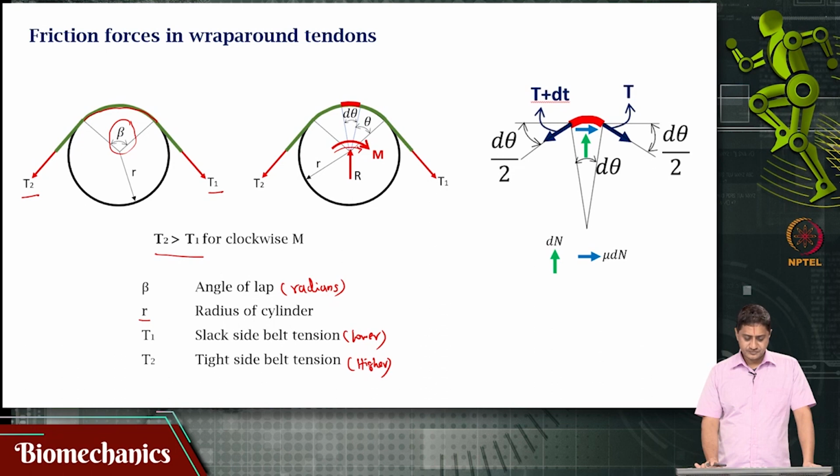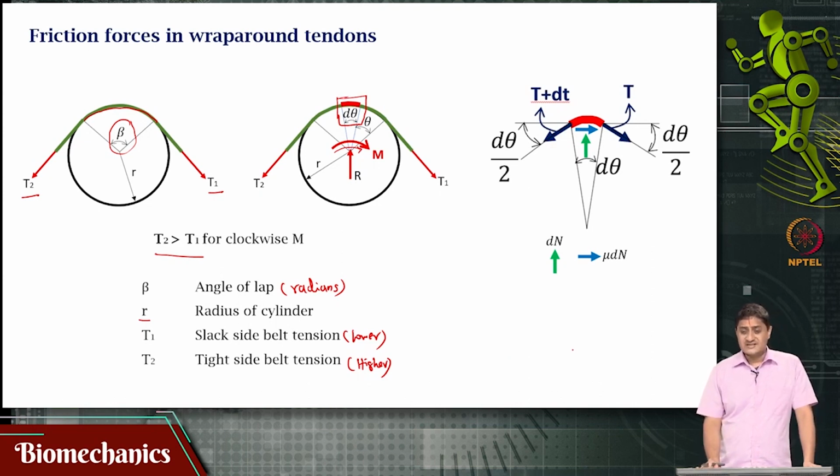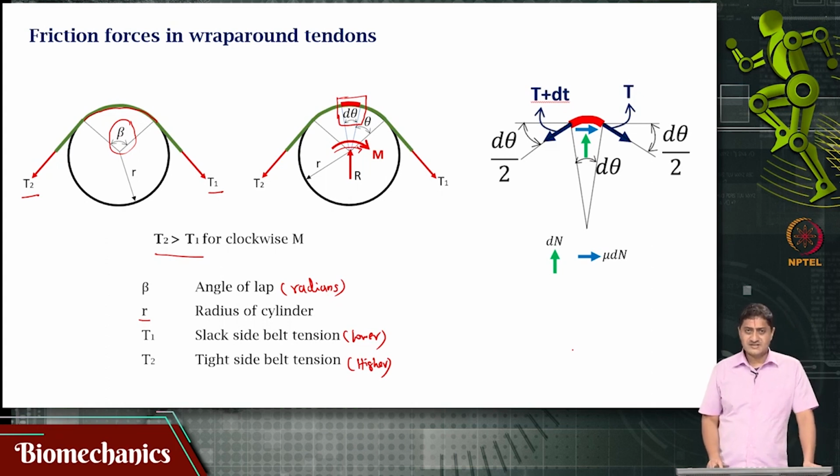Now, let us consider a differential area, a really small area, somewhere in the middle of this contact area. I am considering a very small area formed by this sector with angle d theta, where d theta is an infinitesimal quantity.